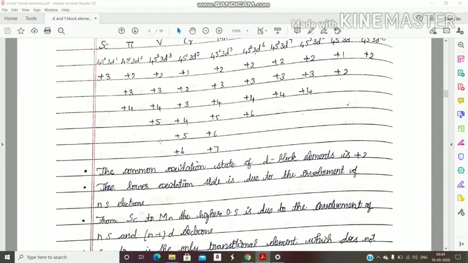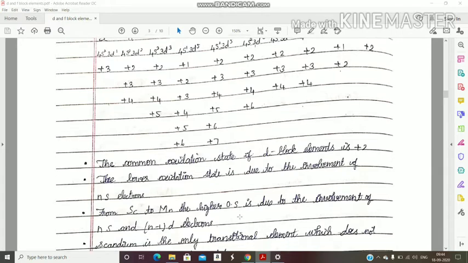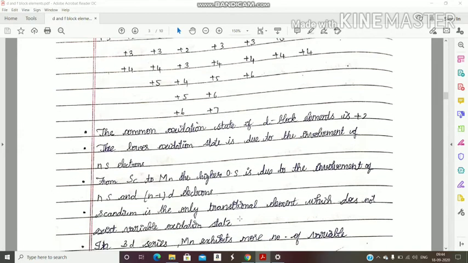In case of vanadium, +5 is the highest oxidation state, that means when these electrons and these electrons are involved in bonding, then it gets +5. In case of chromium, when these electrons and these electrons are involved in bonding, then it gets a higher oxidation state. In case of manganese also, when these electrons and these electrons are involved in bonding, then it exhibits +7. So that is the meaning of that point. From scandium to manganese, the higher oxidation state is due to the involvement of ns and (n-1)d electrons.